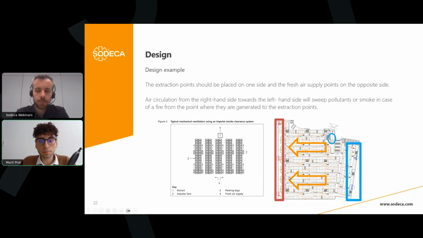So in this example, we have the exhaust at the left, the supply at the right, so at opposite sides, and we have all this fresh air supply inside the car park, pushed with the jet fans, avoiding any possible dead area, dead zone that we could have. And we extract it at the end of the car park. So we are cleaning all the car park of pollutants, and we are cleaning all the smoke fast enough in the event of a fire.